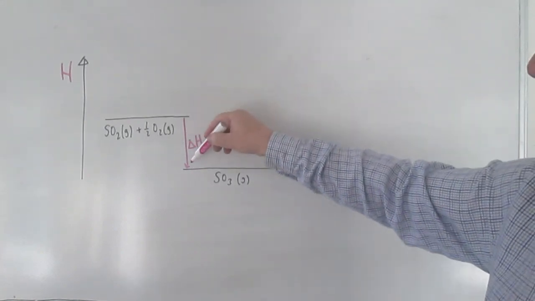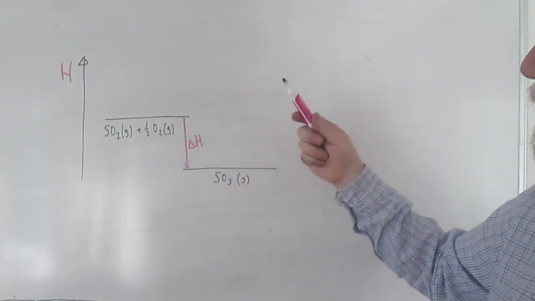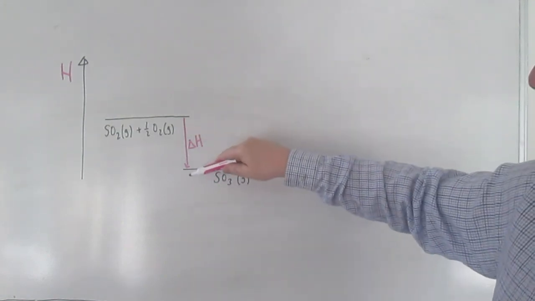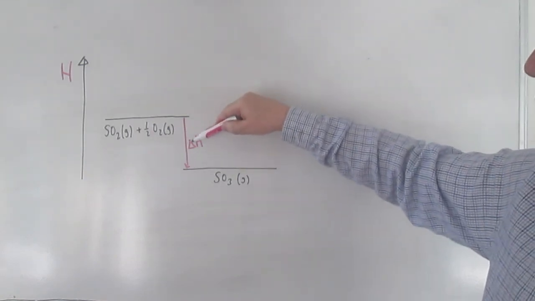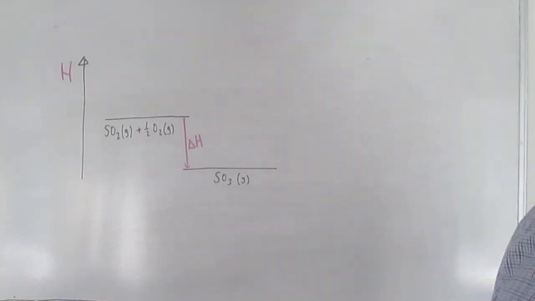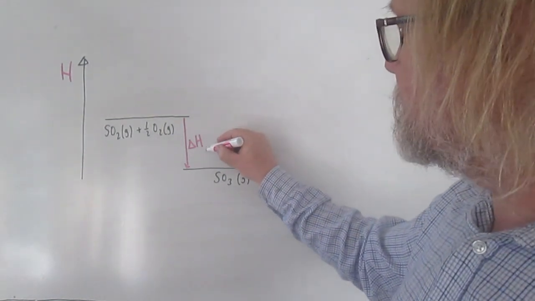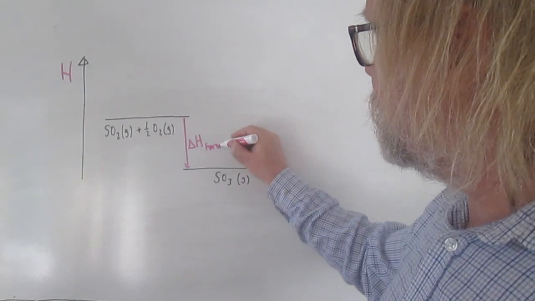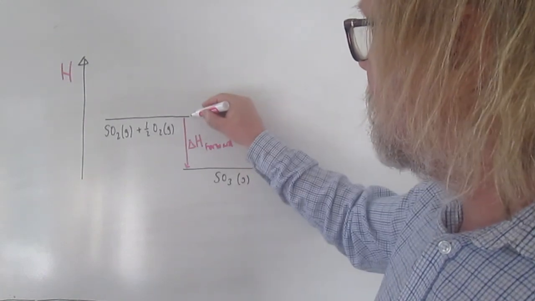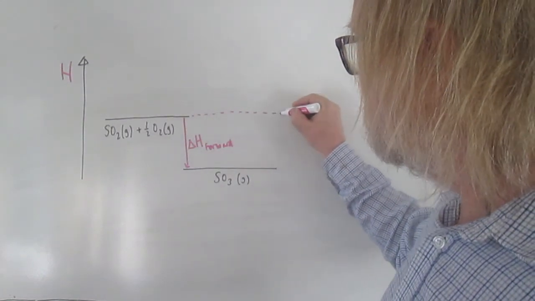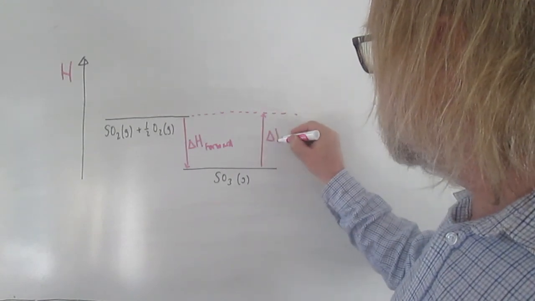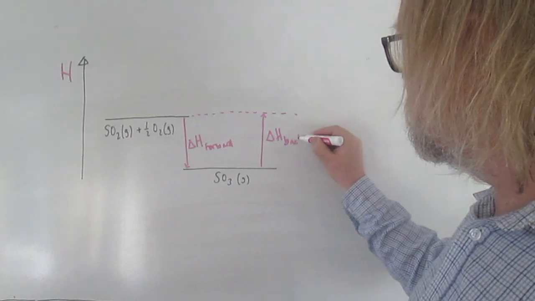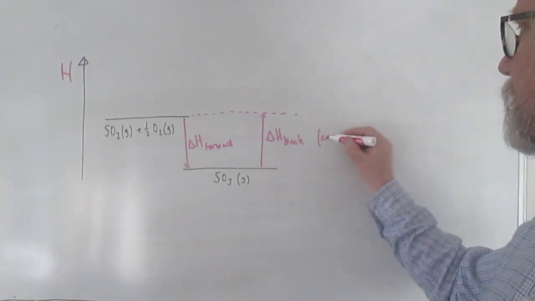It's exothermic going forward, and you can see visually in this diagram that if you go back the other way, it's therefore endothermic by the same amount, because you're just doing the same step in reverse. So you could, if you wanted to, say that's delta H for the forward reaction, and this is delta H for the back reaction, which is equal and opposite.